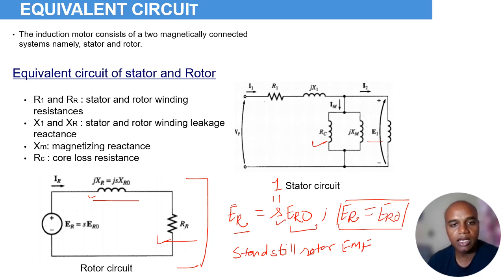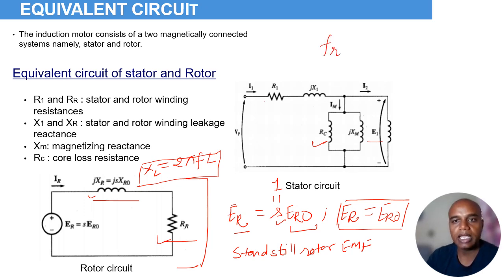Here again, we know that the reactance is a function of the frequency, so 2 pi fL, where L is the inductance of my winding, and the inductive reactance XL equals 2 pi fL. So we know this is the reactance phenomenon, and we also know that the rotor frequency Fr is a function of the slip.